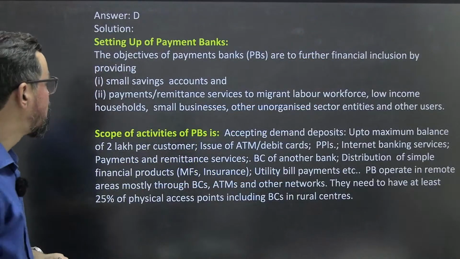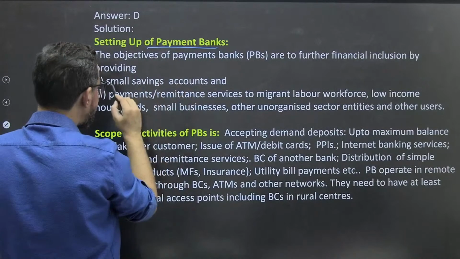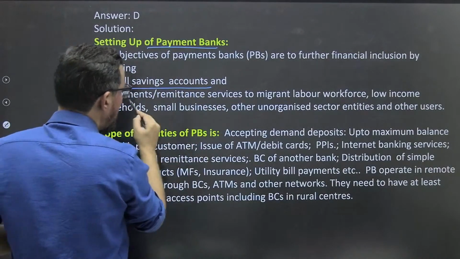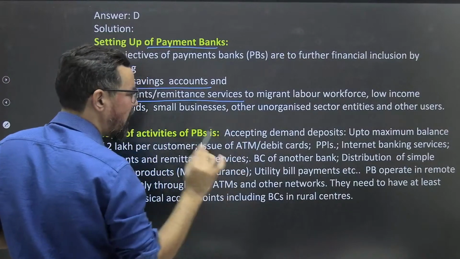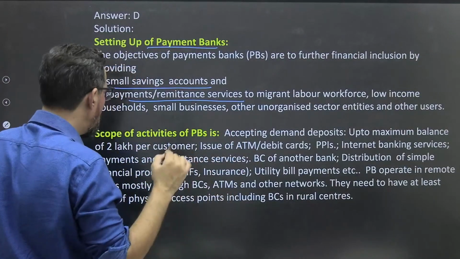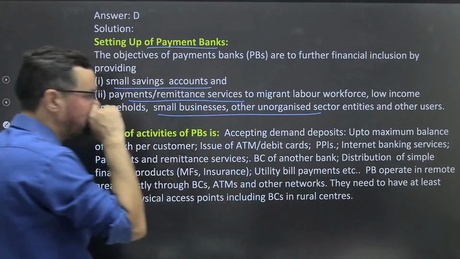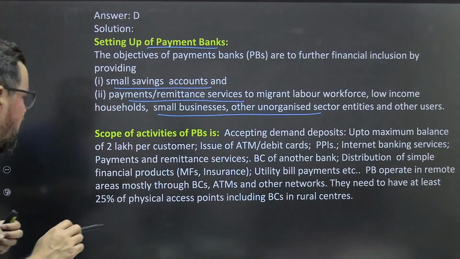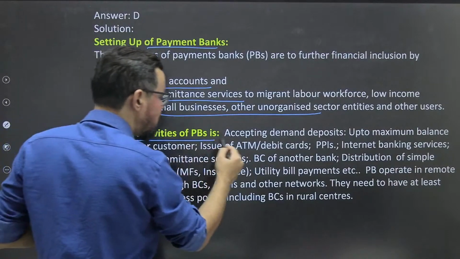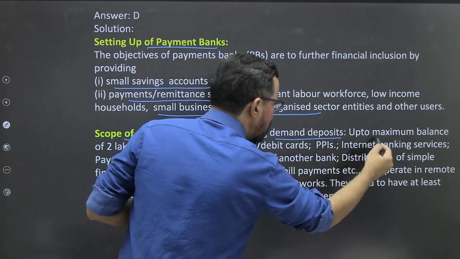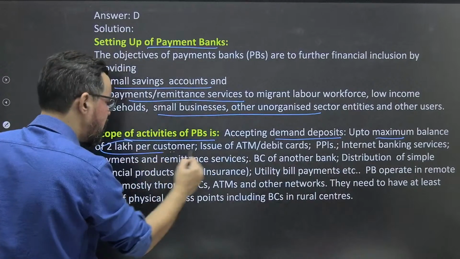All right. So payment banks offer small savings accounts and payment and remittance services to migrant laborers, workforces, low income households, small businesses, other unorganized sector entities, and other users. Scope of activities: accepting demand deposit up to a maximum of 2 lakh rupees per customer.